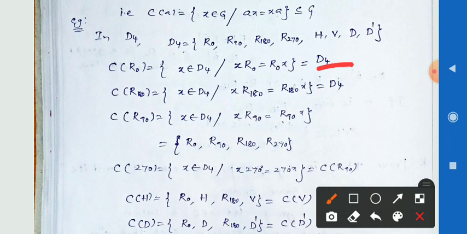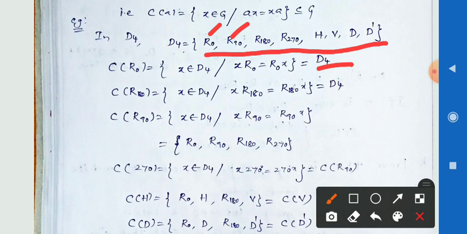If we take R0, by multiplying R0 into R90, R0 into R180, R0 into R270, R0 into H, R0 into V, R0 into D, R0 into D dash, we get the same elements: rotation 0, rotation 90, rotation 180, rotation 270, H, V, D, D dash.